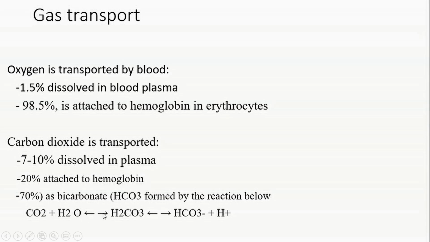These two arrows show that the chemical reaction takes place both ways, forward and backward. After bicarbonate arrives at the respiratory zone, the reaction takes place in the backward direction. Carbon dioxide is produced, transferred into the alveoli, and breathed out. So this shows the way oxygen and carbon dioxide are transported by our blood.